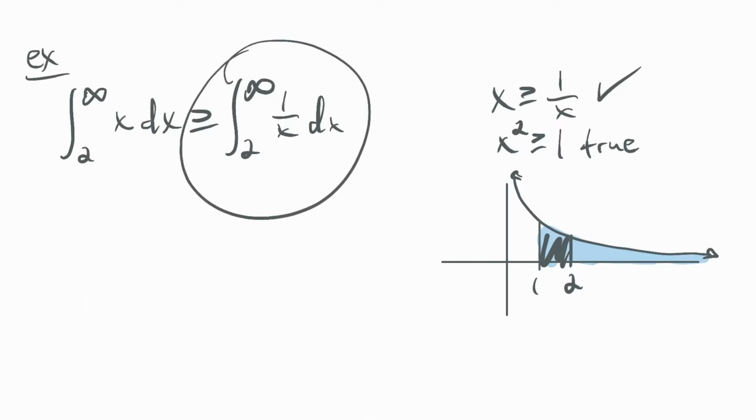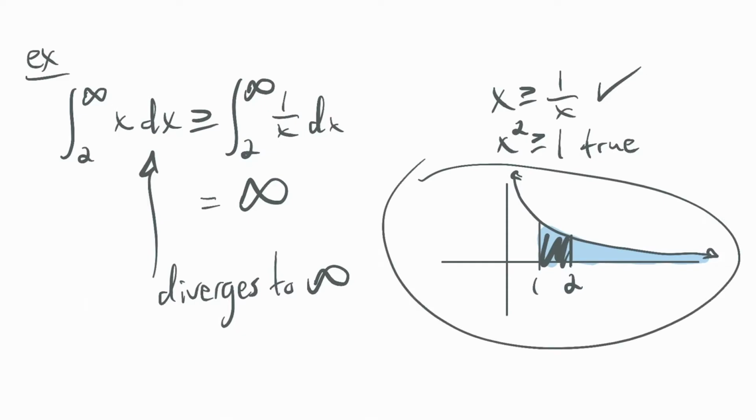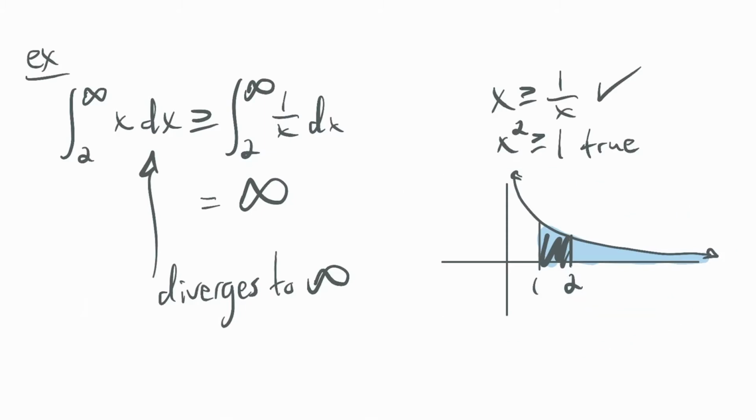So this diverges, this equals infinity. So that means that this must diverge. Sometimes we have to use this reasoning where you chop out a piece that's clearly a definite integral from 1 to 2, and I know that the rest is still divergent. That's reasoning we're going to have to use from time to time.